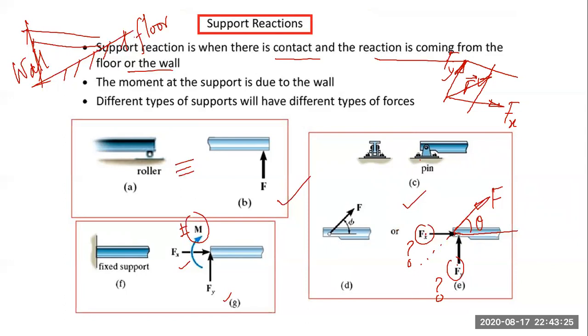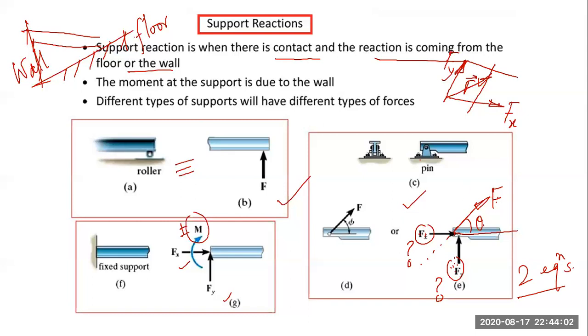Now, if you convert this Fx and Fy into an equivalent F, I don't think there is a big advantage, because here there were two unknowns, and in order to solve these two unknowns you require two equations, because two unknowns are not possible to solve from one equation. The minimum is two equations. So if you replace Fx and Fy by an equivalent force F, don't think that you have reduced the number of variables from two to one.